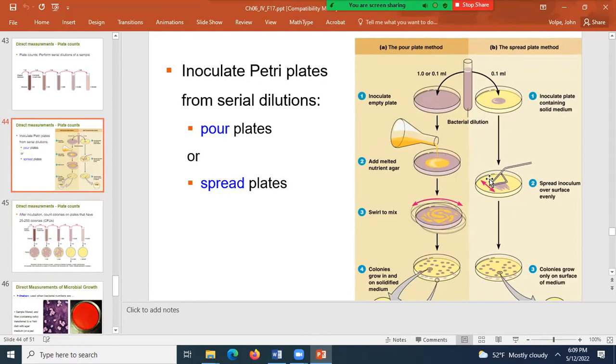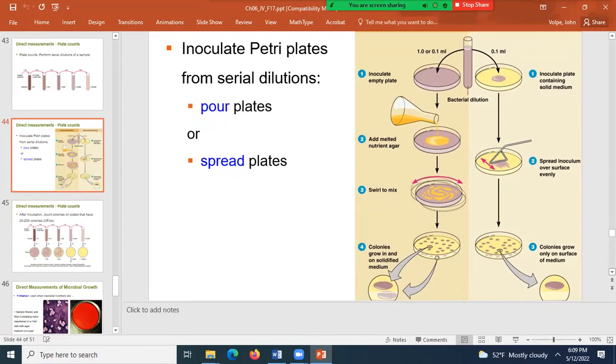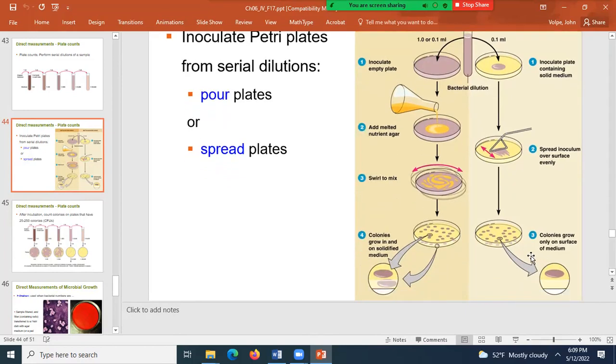And then you allow that to be absorbed for a few minutes, put it in the incubator upside down, and then let it incubate, usually overnight, and then bring it out and check for colonies. And if it's a good plate to count, you count the colonies. Okay. Spread plate is right here. The pour plate is where you pour it on, and then you move that across, let it absorb, and then count the colonies.